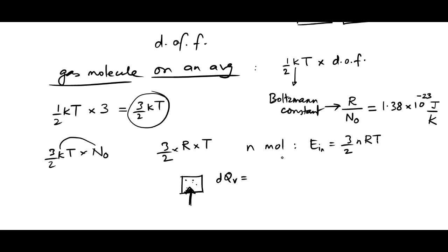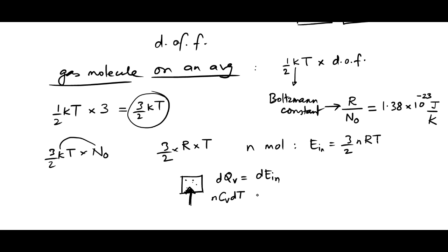Now since no work is done at constant volume, this heat completely goes into raising the internal energy of the gas. So on the right hand side I have got dE internal. Now this dQV is nothing but the number of moles times the specific heat of the gas at constant volume multiplied by dT.